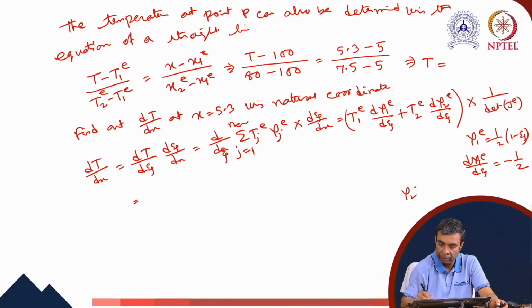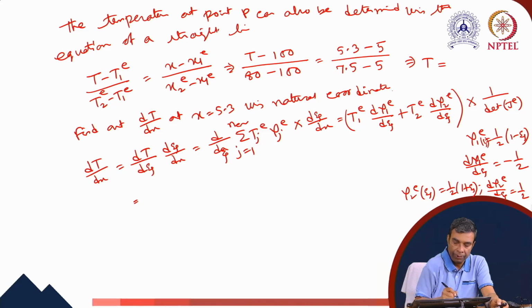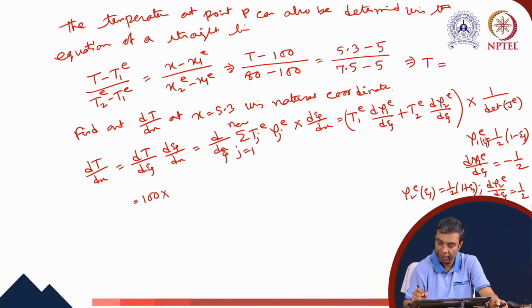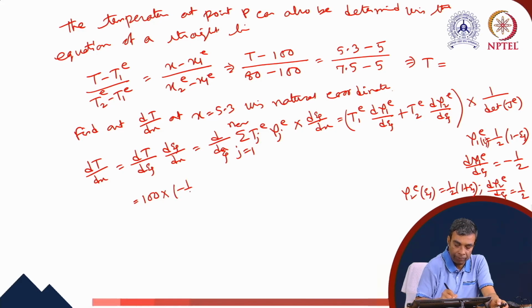Similarly, psi 2e equals half of (1 plus xi), and its derivative d psi 2e/d xi equals half. So T1e was given as 100 degrees centigrade, and d psi 1e/d xi is minus half. T2e was 80 degrees centigrade and d psi 2e/d xi is half.